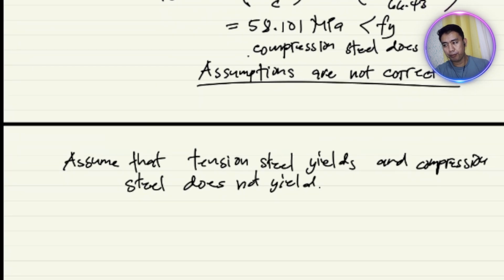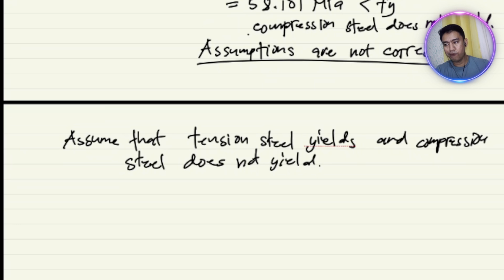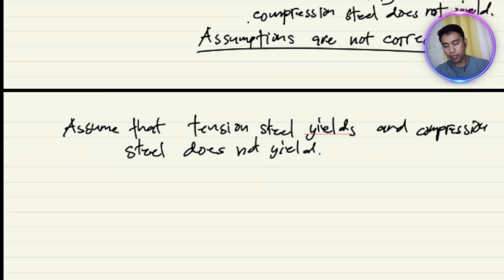Okay? So, from the equation, T is equal to Cc plus Cs. Compression of concrete plus Cs.